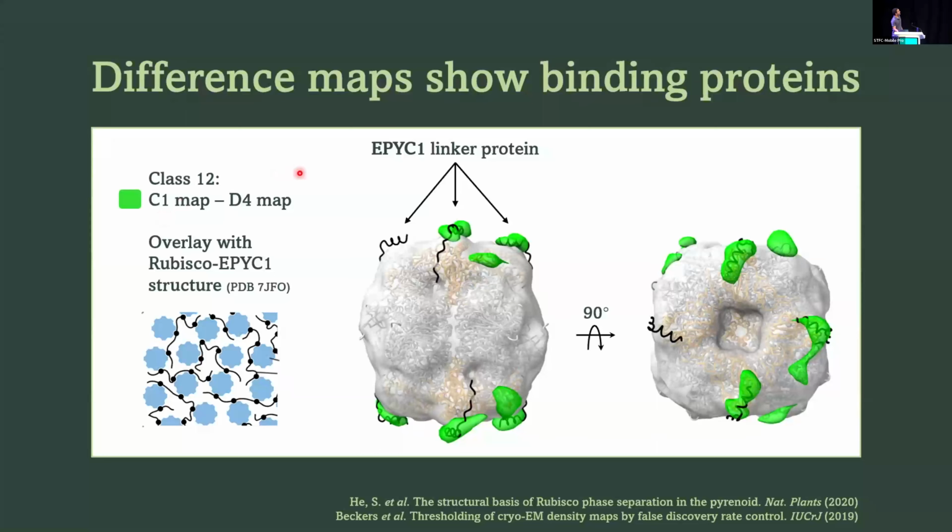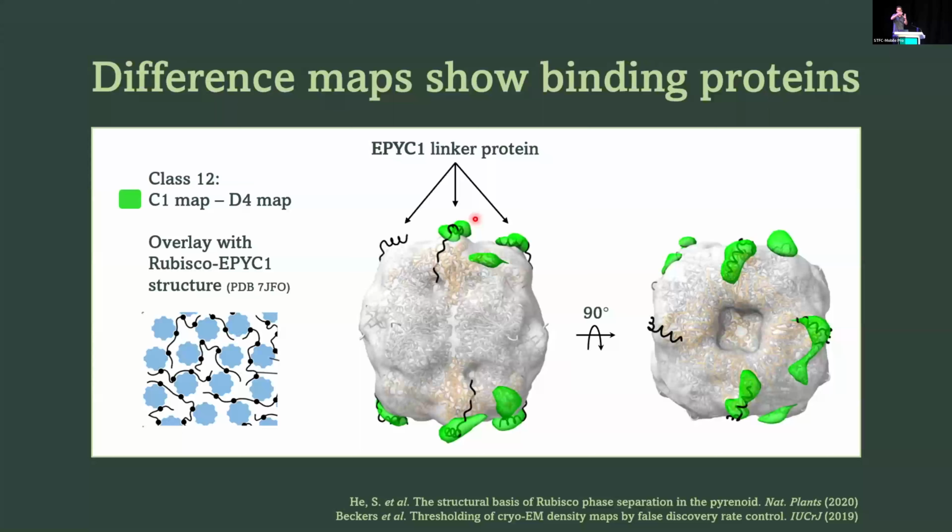And what you can see here in green is the difference density. And what you can see is that it nicely aligns to the interface and to the binding site of this EPYC1. This is the second most abundant protein in the pyrenoid.